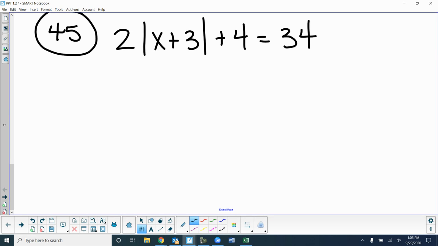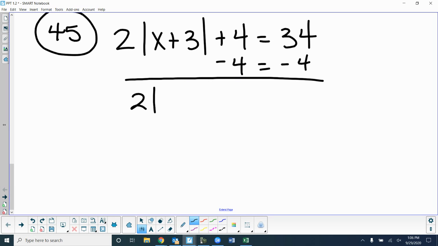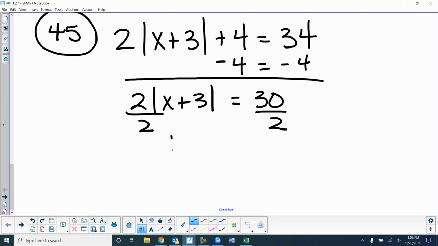Some of you at this point right away tried to write the 2 problems. Okay? So you want to move the 4 over, and you want to move that 2 over. Do not distribute the 2. Just take it over. So now I have the absolute value part isolated or alone.